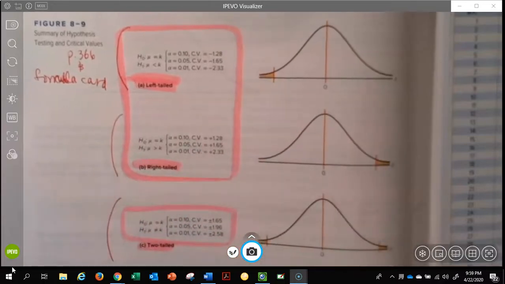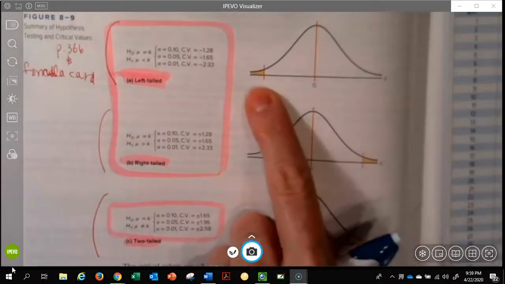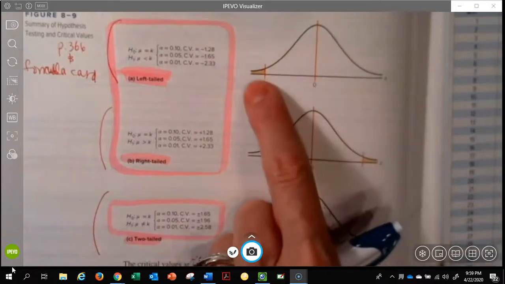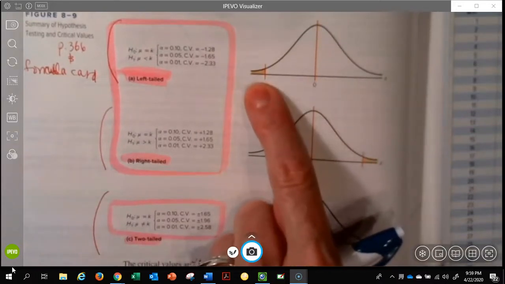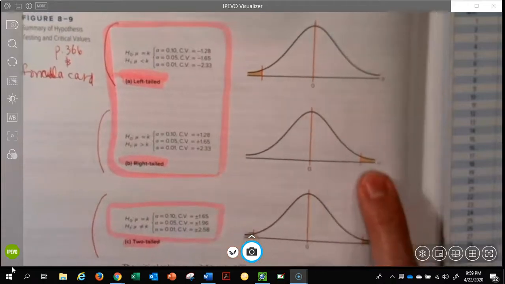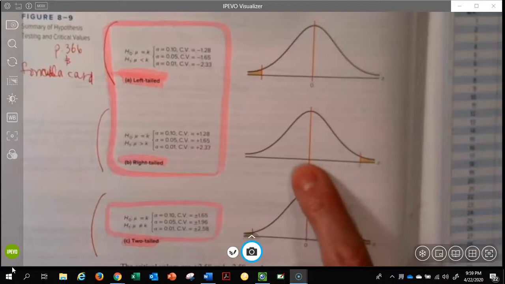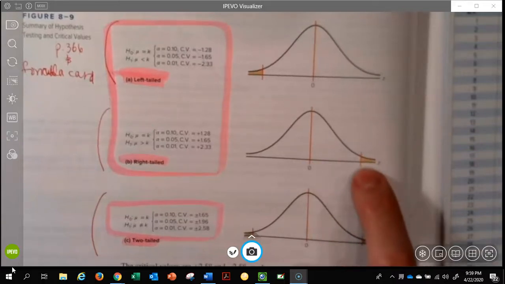You got to keep pretty much two main, probably 3, 4, 5 things, but two main things in mind. If I'm looking at the tail that's the left tail, I'm to the left of my mean, I will use a critical value that's a negative. If I'm over here on the right side of the mean or the middle, then I'm going to use a positive value for my critical value.